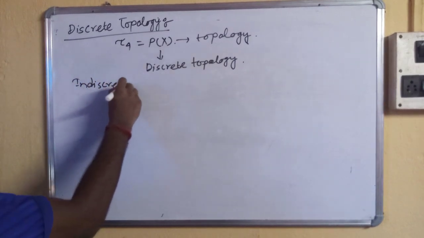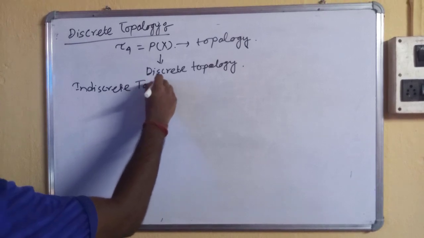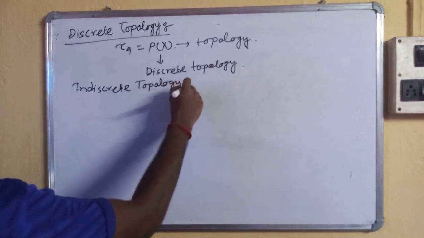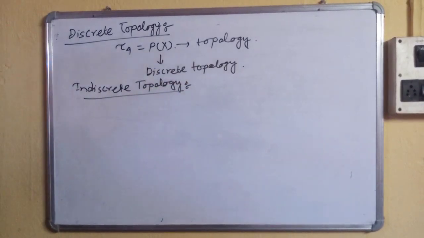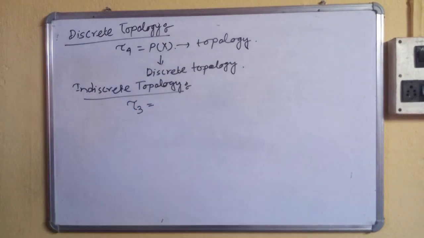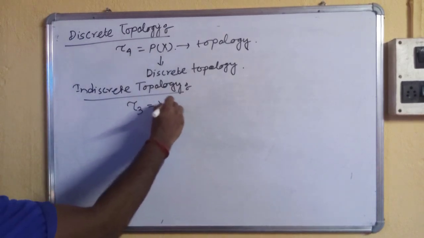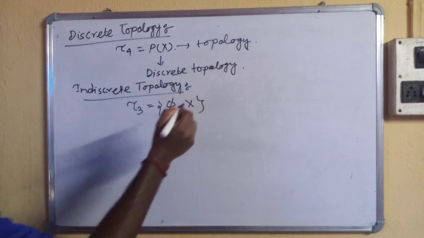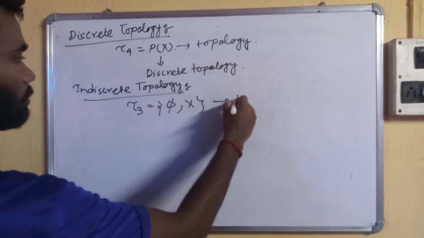Indiscrete topology. In example number 3, I took tau 3 as phi and x. This is a topology, right?